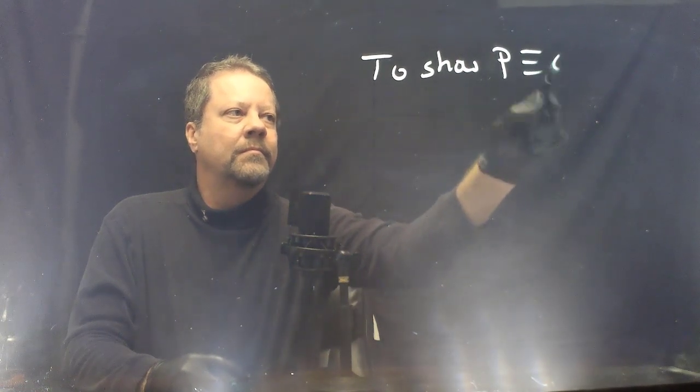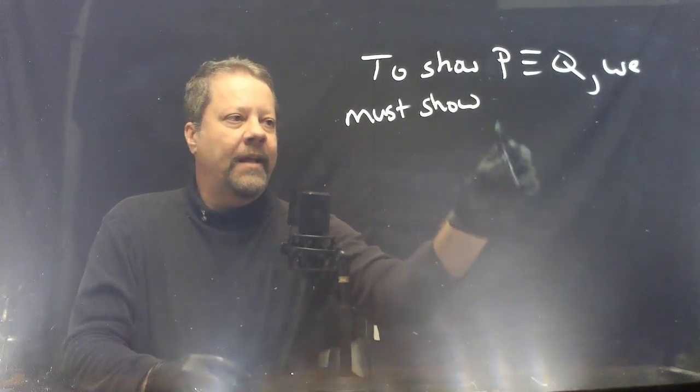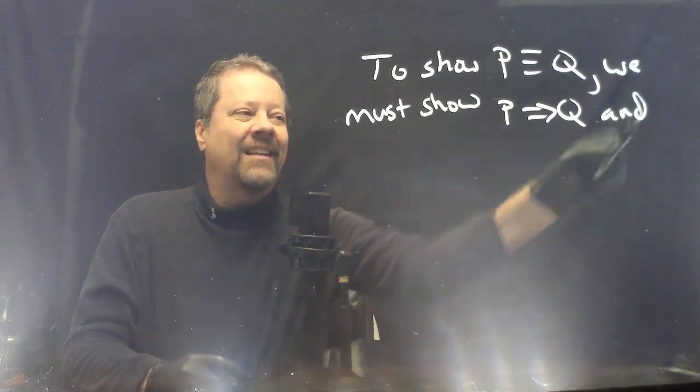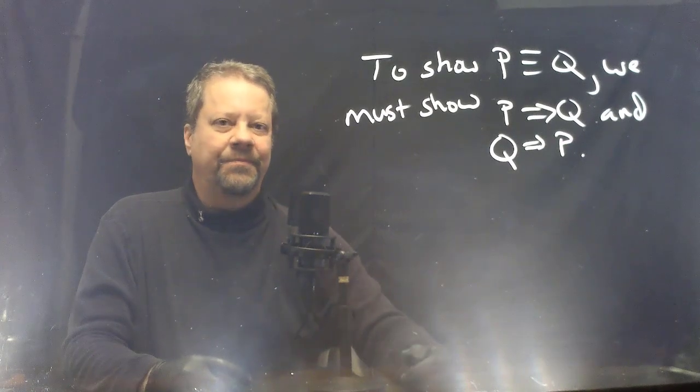To show equivalence, we must show that if P is true, then Q is true, and if Q is true, then P is true.